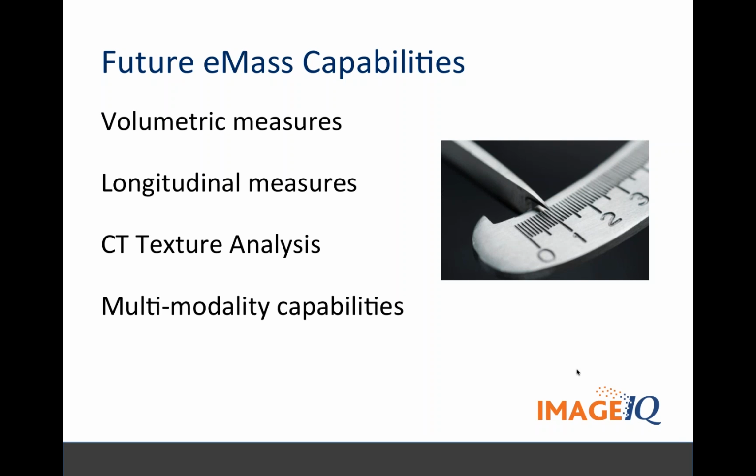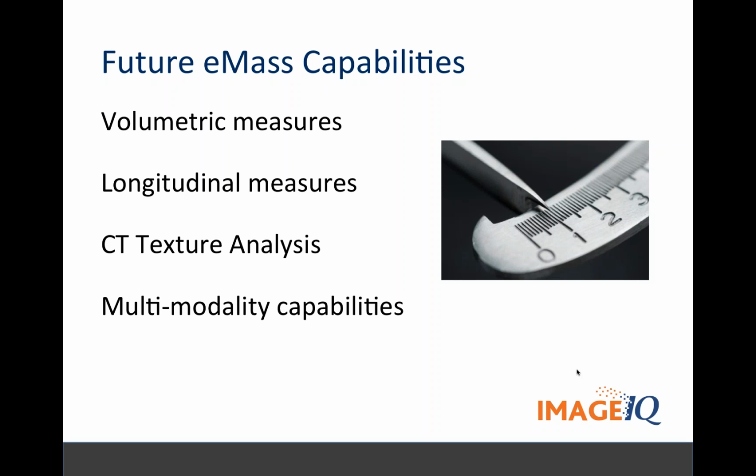So there are some future capabilities of eMass that it doesn't do precisely right at this moment, but it certainly can do. And so that's what I wanted Amit to chime in on and tell us a little bit about where he thinks this could go in the future. Yes, so CT and MRI are both volumetric-based acquisition modalities.